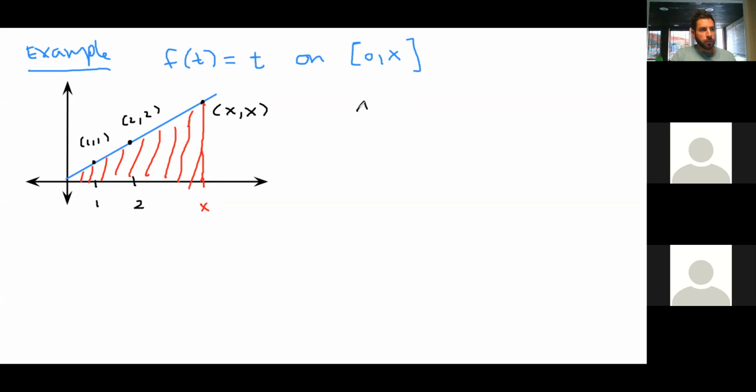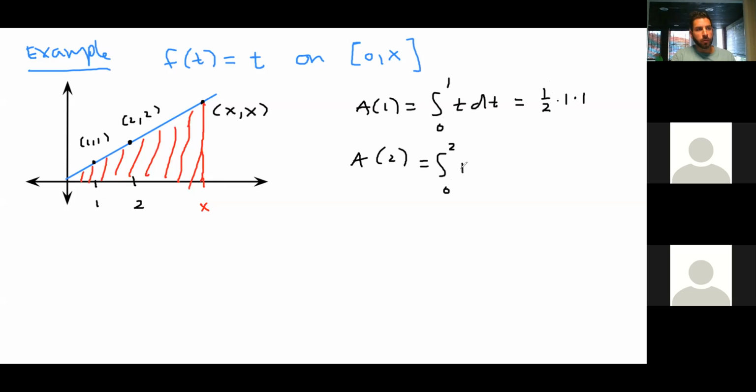So what is, for example, A of 1? Well, the integral from 0 to 1 of t dt, that's a triangle. So this is 1/2 the base times the height. And then what is A sub 2? Well, that's the integral up to 2 of t dt. And if we recognize it as a triangle, it's 1/2 the base times the height.